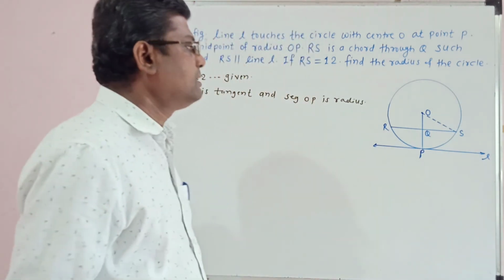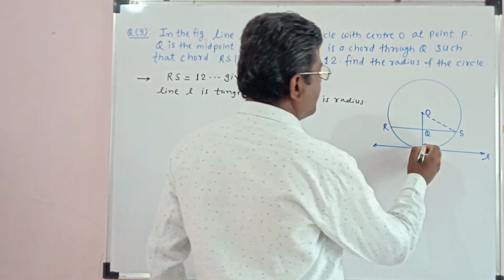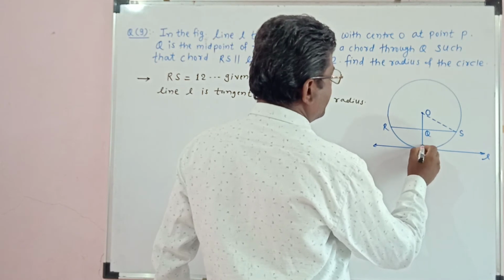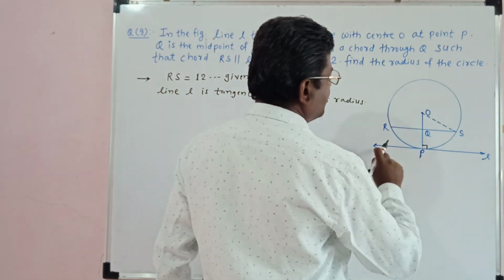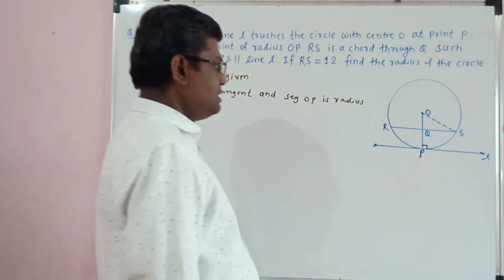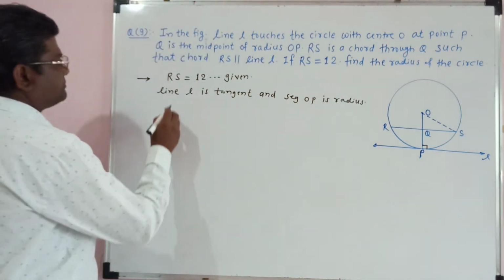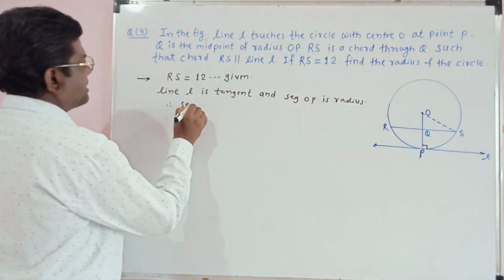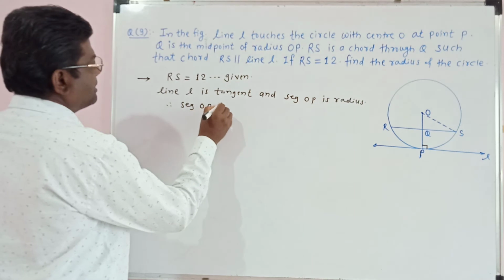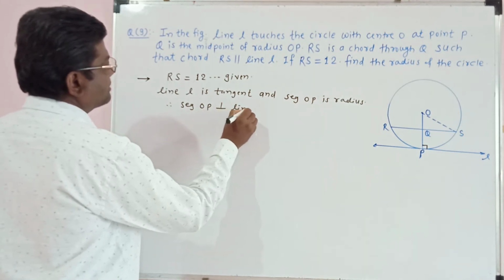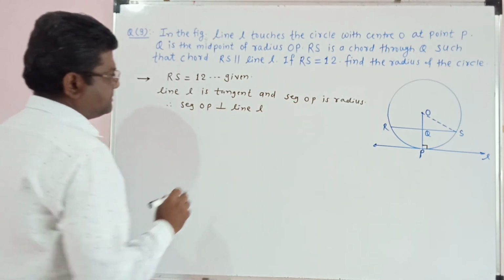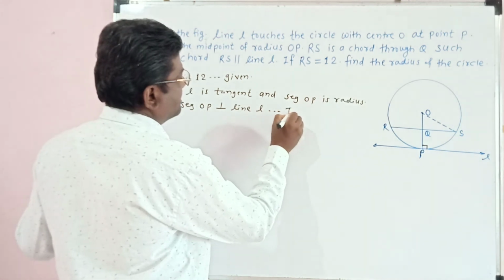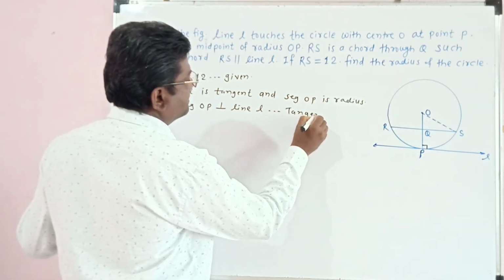We know that the angle between tangent and radius is 90 degrees. Therefore this OP is perpendicular to line L. Therefore segment OP is perpendicular to line L. This is due to the tangent theorem.